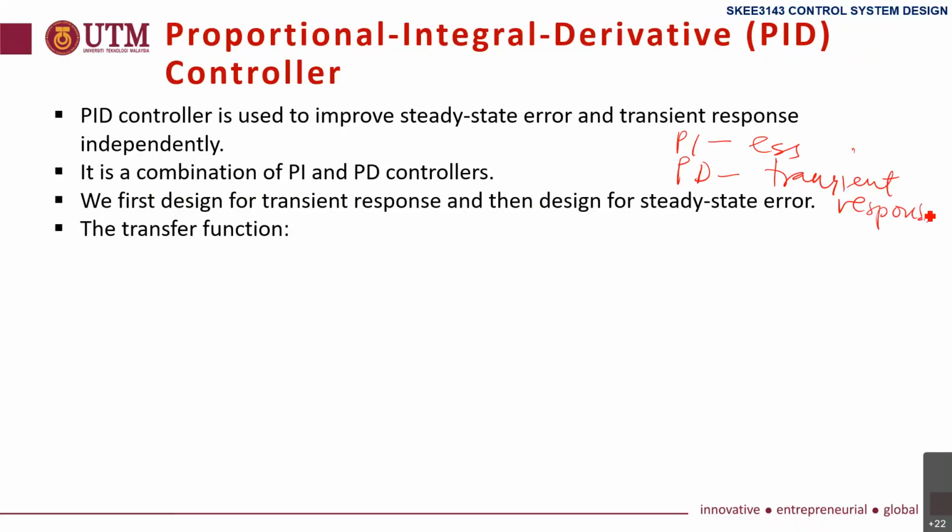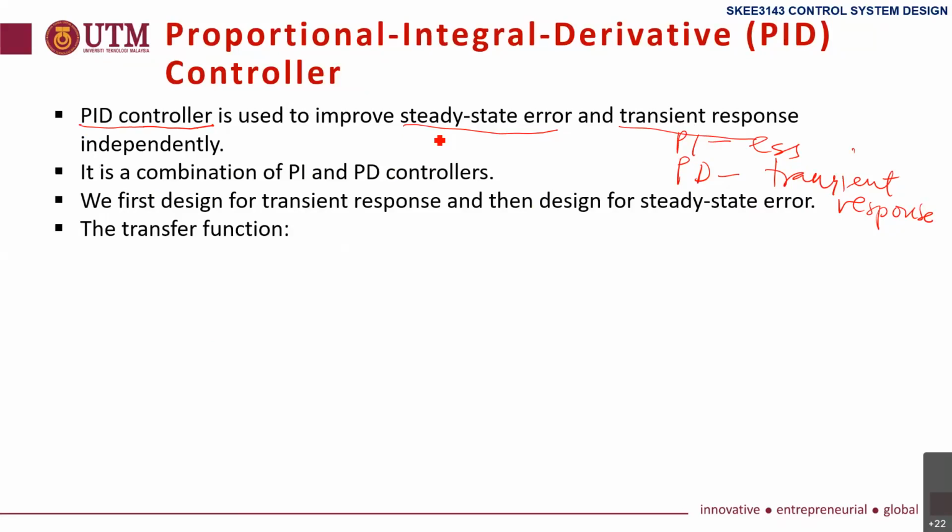By using PID, we will be able to improve steady state error and also transient response. If we require both objectives, improving steady state error and transient response, then we need to use the PID controller.